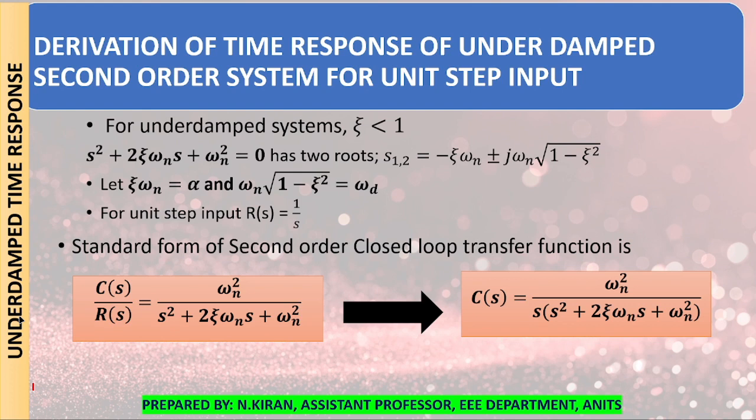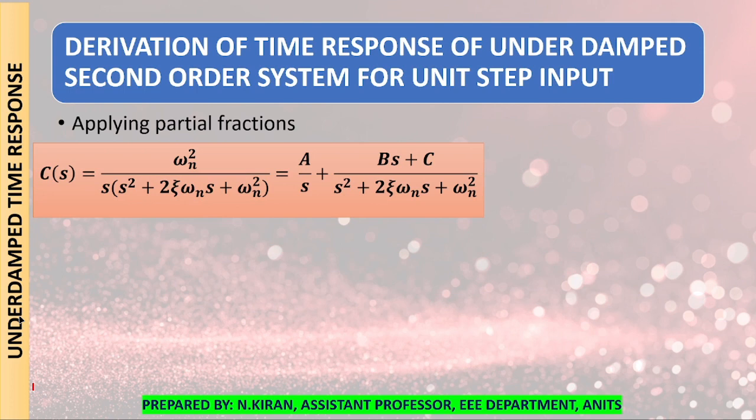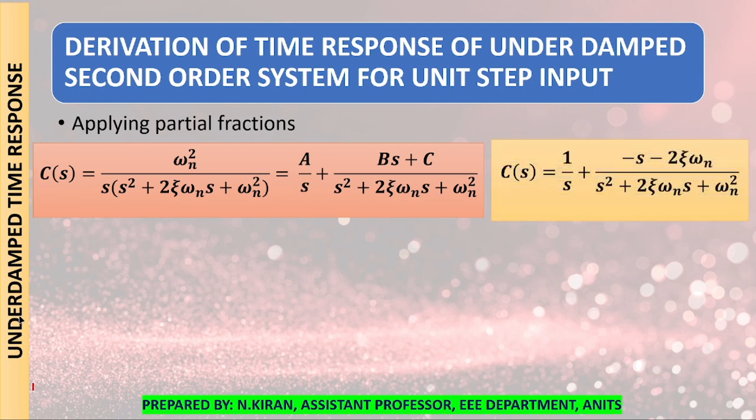Upon partial fractions, that will give me A by s plus Bs plus C by s square plus 2 zeta omega n into s plus omega n square. Since it is a quadratic, I take it as Bs plus C. If I take the LCM and compare the coefficients on both sides, I get A as 1, B as minus 1, and C as minus 2 zeta omega n.